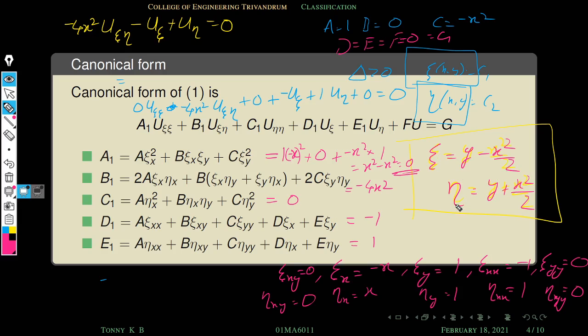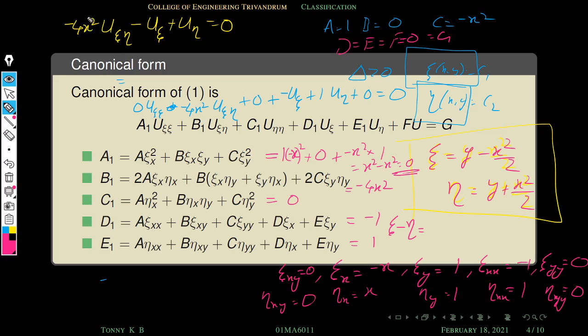If you consider psi minus eta, this becomes minus x square by 2... Okay, y cancel ചെയ്ത് കളയാം. Psi is y minus x square by 2, eta is y plus x square by 2.